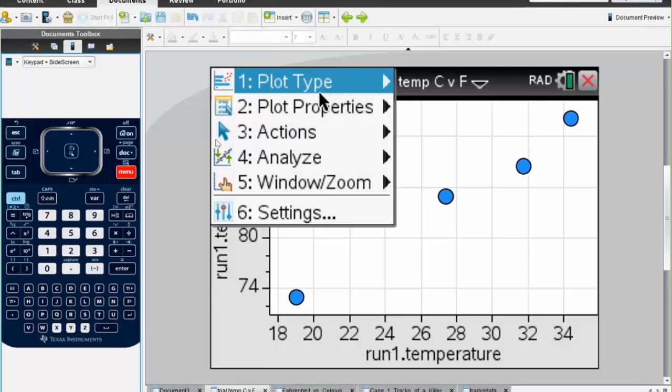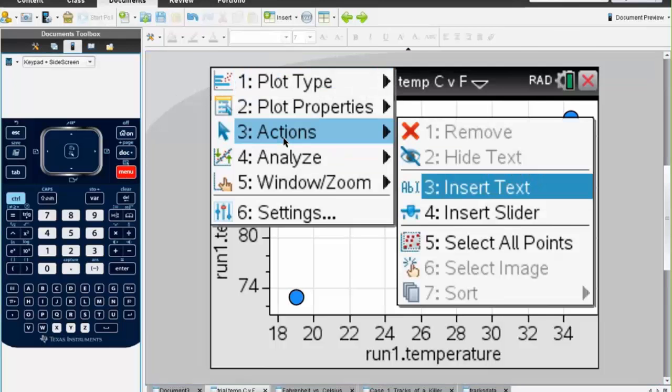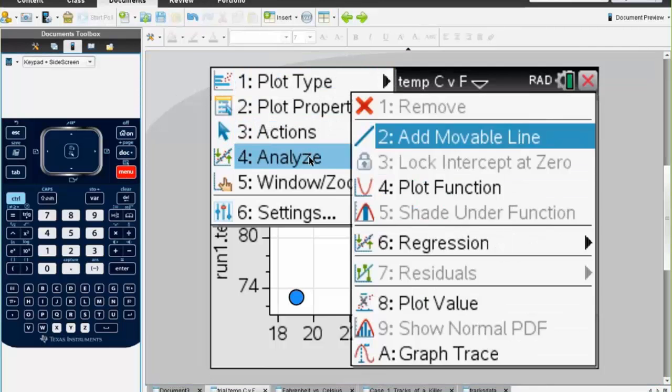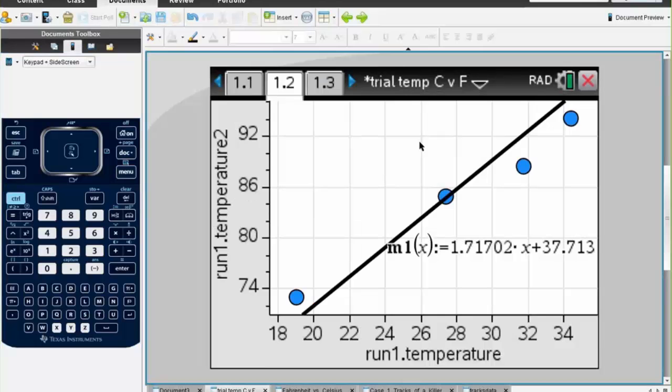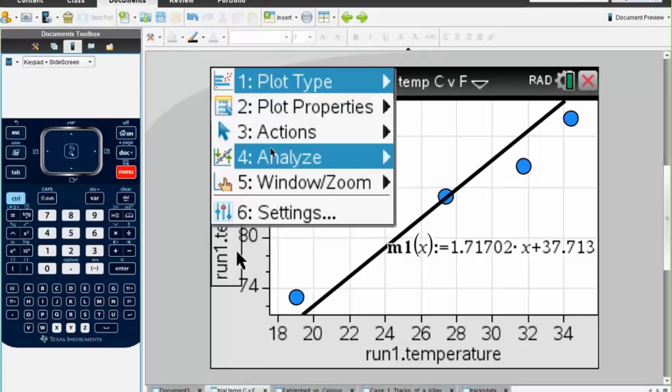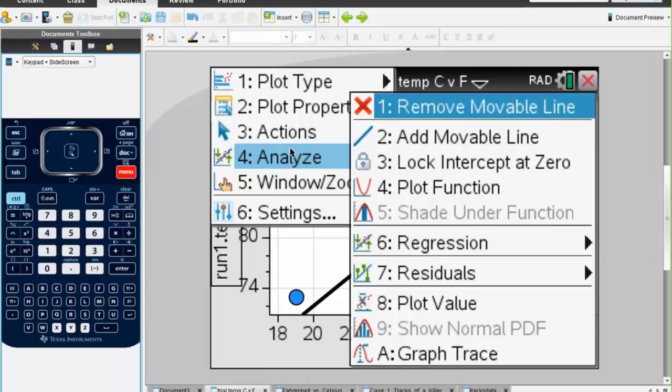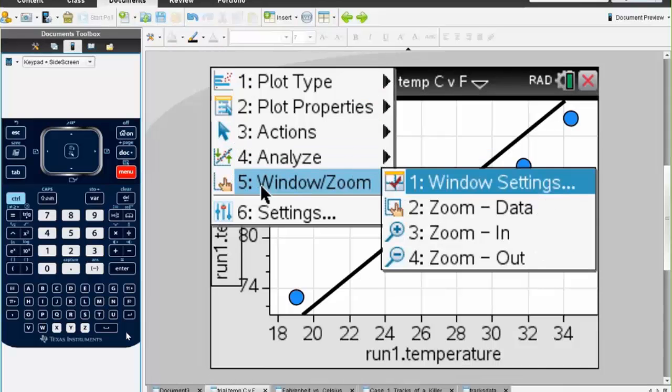You are then able to analyse your data. So you can add a movable line, and the students are able to do that. I just went through menu, analyse, and chose number 2, add movable line.